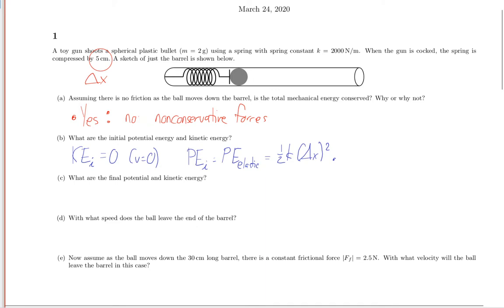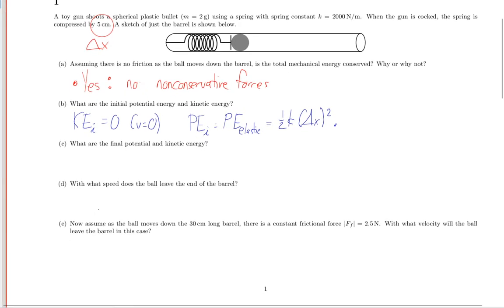You can just remember that that's the formula for elastic potential energy. It comes from integrating the spring force kx dx, but you don't need to do that integral. Just remember that the potential energy in a compressed spring is 1/2 kx squared.